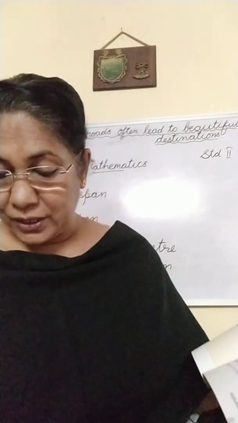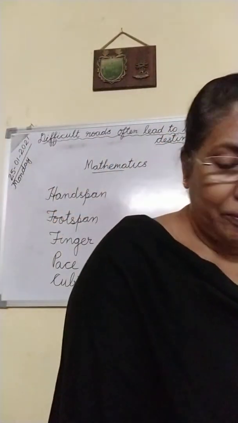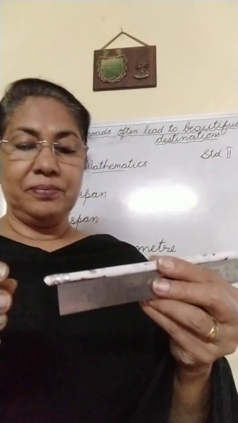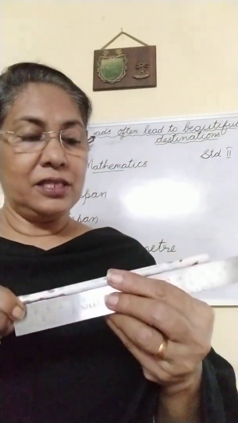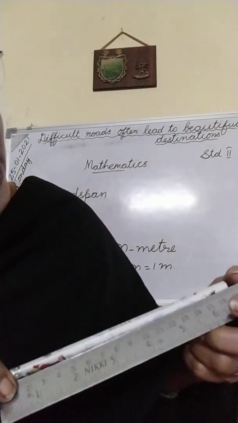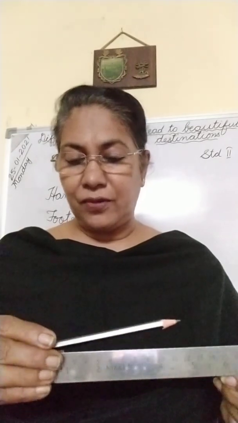I will show you once more. Now I am taking a pencil and going to keep it here to measure it. How many centimeters? Let me see. Yes, it is 17 centimeters. Now I'll take a smaller pencil, then the measurement will be different.